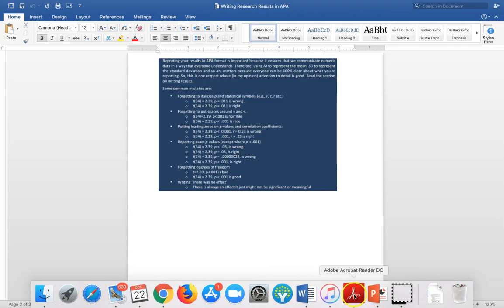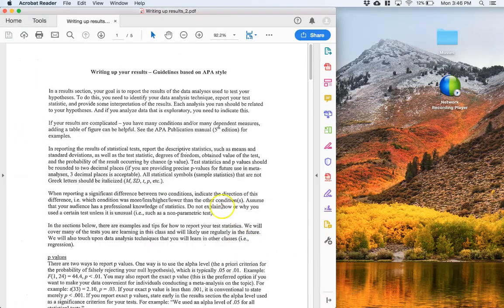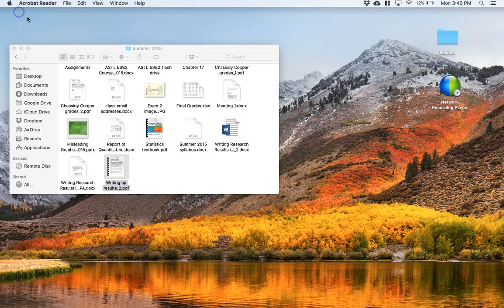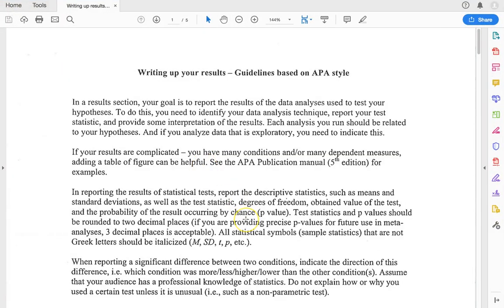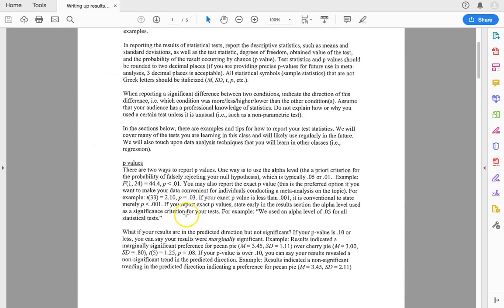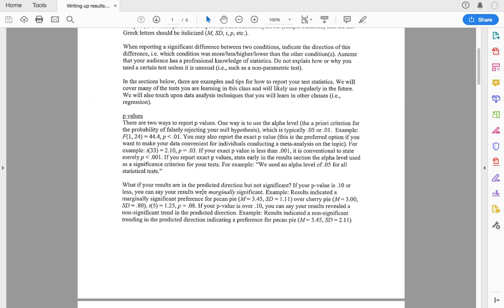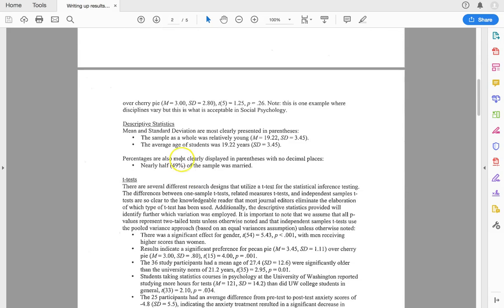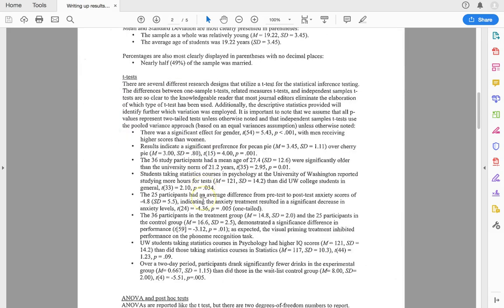And I have one more additional resource for you. This is another document, writing up your results in APA. And these are helpful resources that you can keep to use in the future. So if we scroll down, this just gives you information on how to correctly write whenever you're reporting p-values, standard deviation, your descriptive statistics.